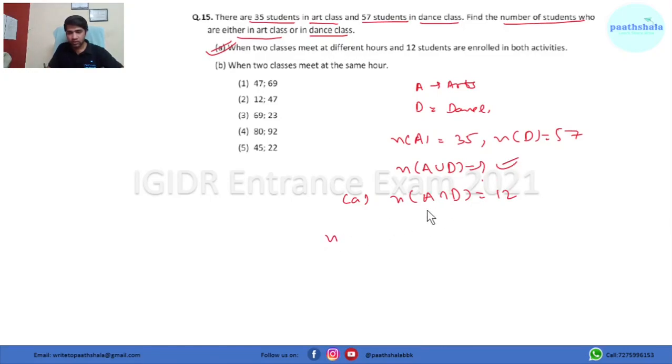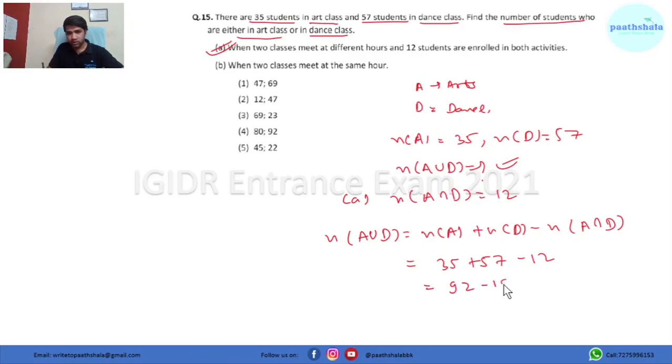So we can apply the simple union and intersection property, that is n(A union D) equals n(A) plus n(D) minus n(A intersection D). So now put the values. So here you will get 35 plus 57 minus 12. So this will come out to be 92 minus 12, and this will give you 80.